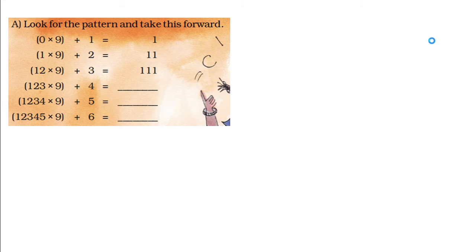You see the pattern. 0 multiplied by 9 plus 1 is 1. 1 multiplied by 9 plus 2 is equal to 2 times 1. 1 and 2 multiplied by 9 plus 3, 3 times 1. Now 1, 2, 3 into 9 plus 4 means 4 times 1.